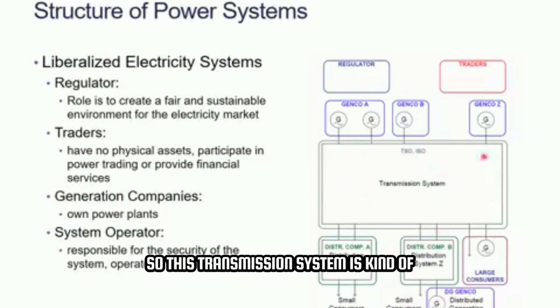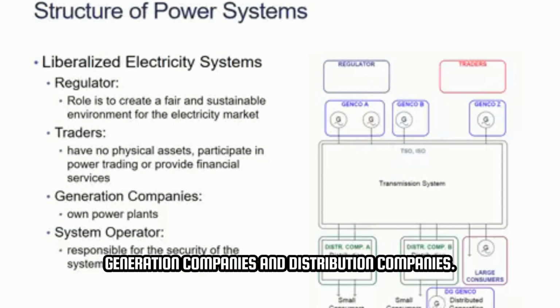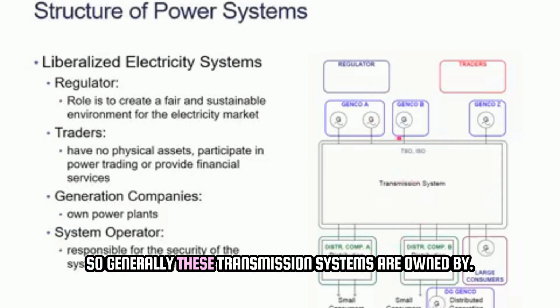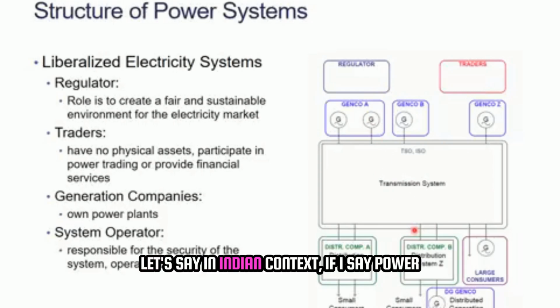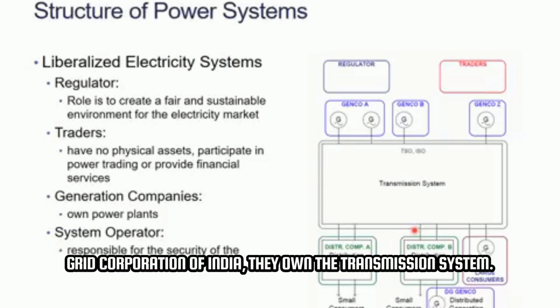So this transmission system is kind of a connection or a bridge between the generation companies and distribution companies. Generally these transmission systems are owned by, let's say in the Indian context, Power Grid Corporation of India, they own the transmission system.